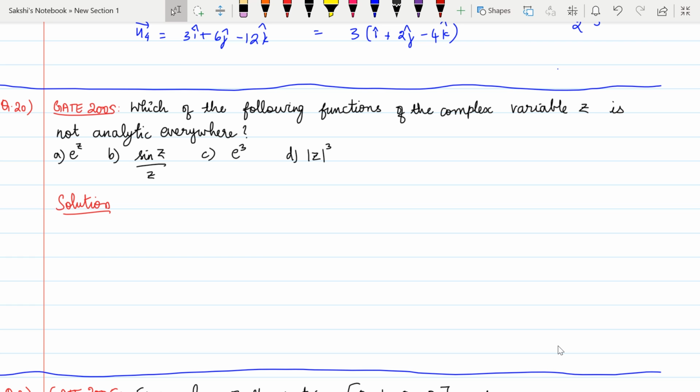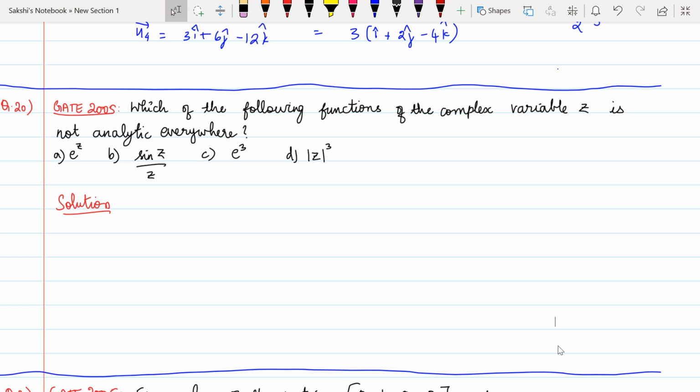When you substitute any real number in the place of z and you get a finite value. So if I say that you have z square, now you substitute z from 0 up to 10.